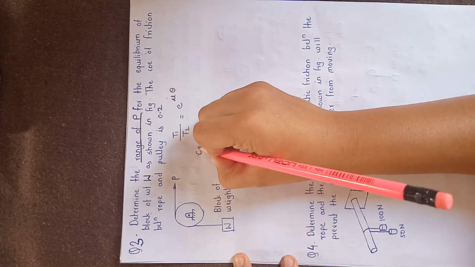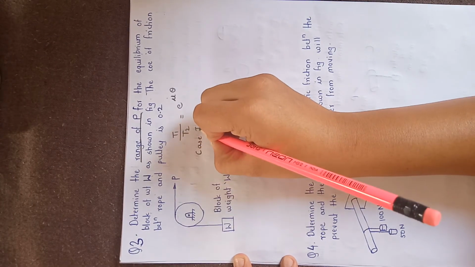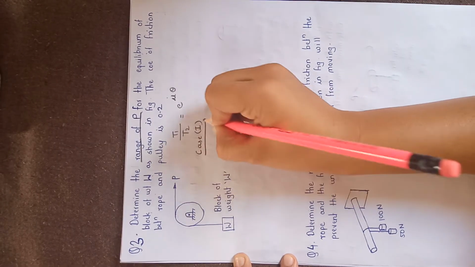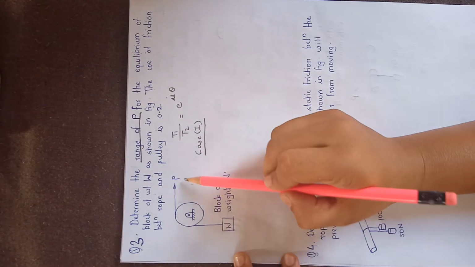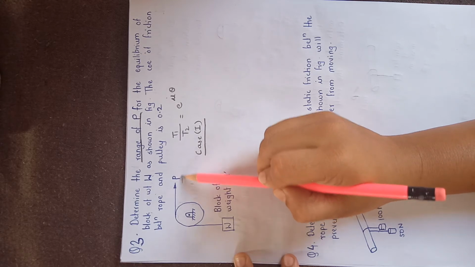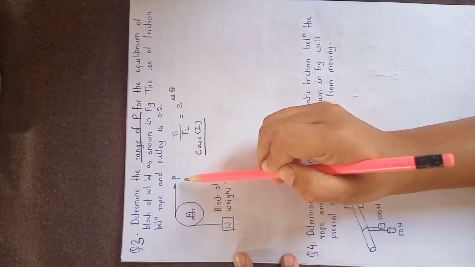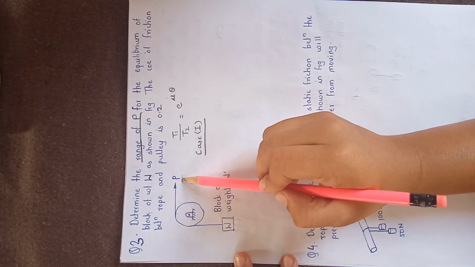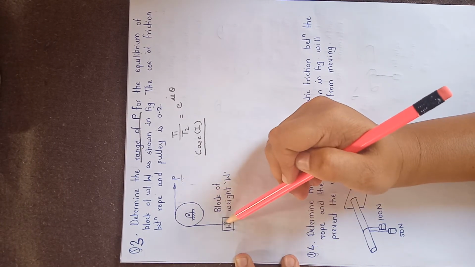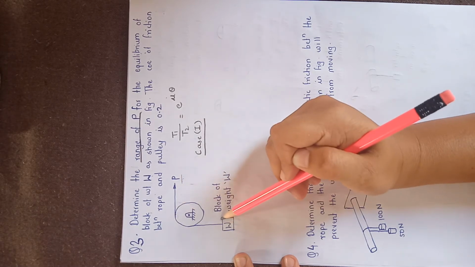Here case 1, there are two cases. If P is greater than W, this will be the tight side, and if W is greater than P, then this will be the tight side.